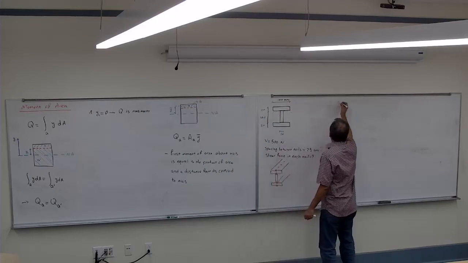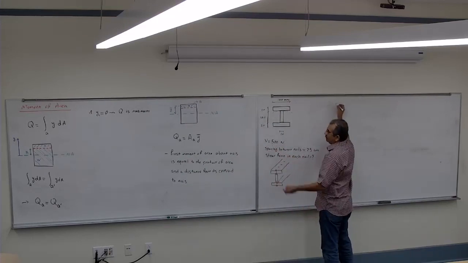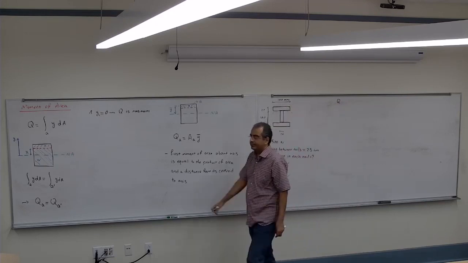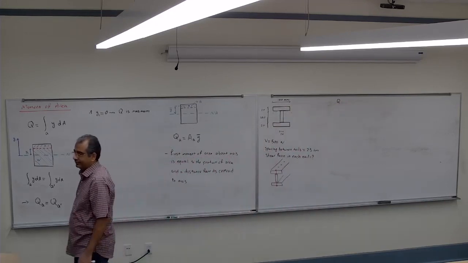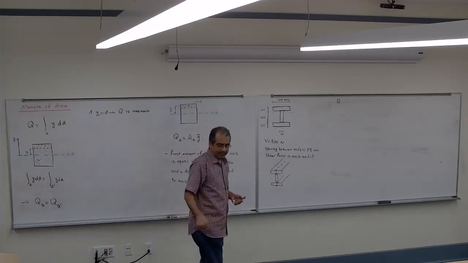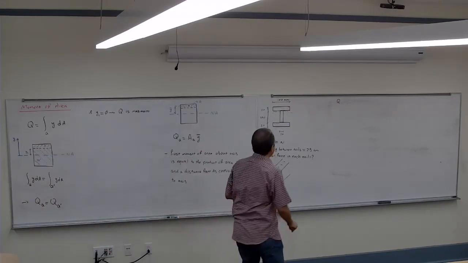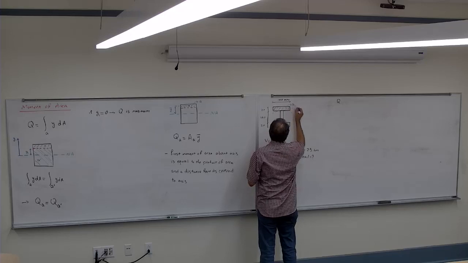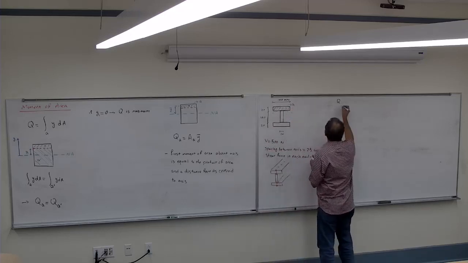So the first thing I need to find is the Q. How much is the Q for that top part? If I say this is the A, how much is the Q for the A?